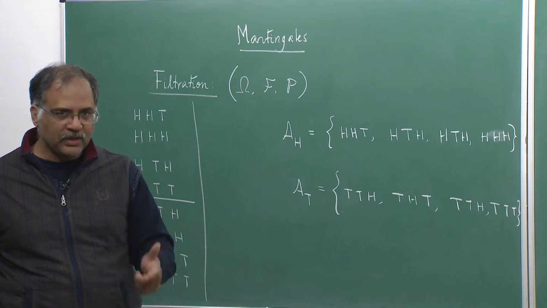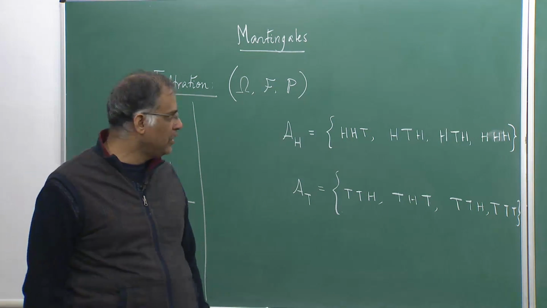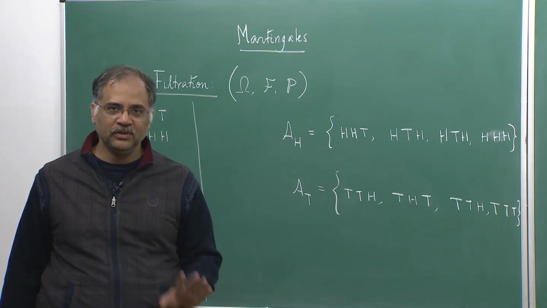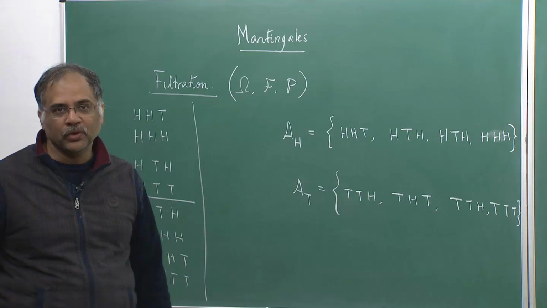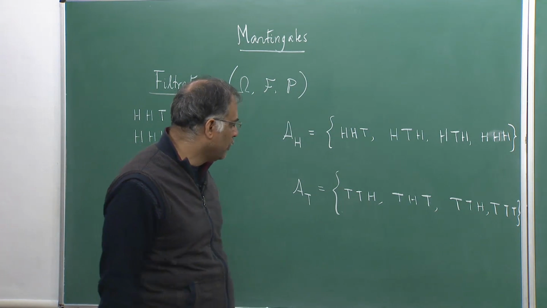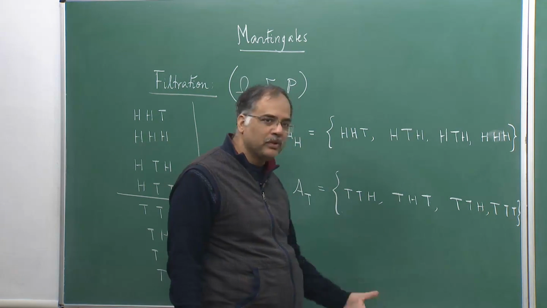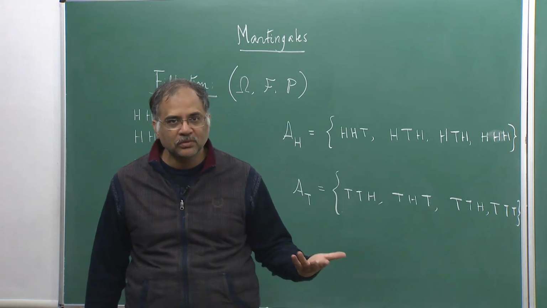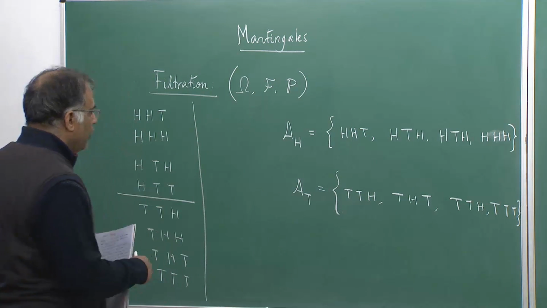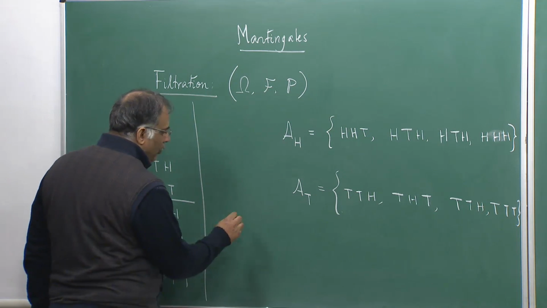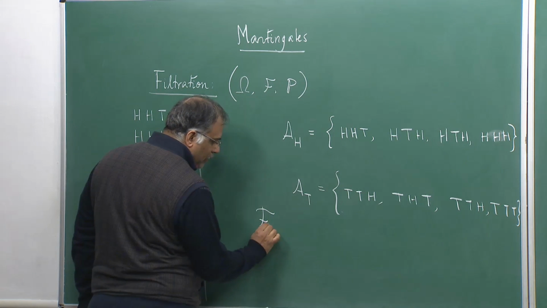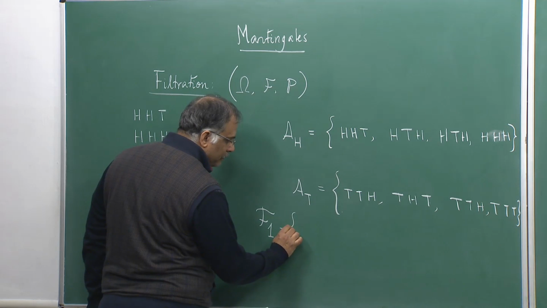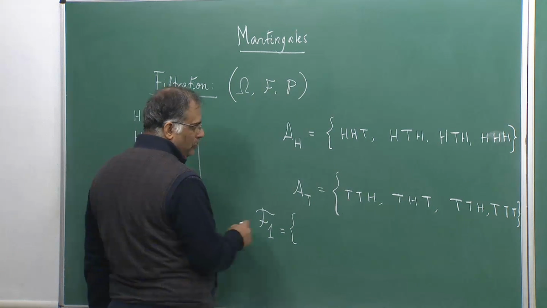If you say the first toss is actually head, I can tell you what the next consequences are, any of those 4. If you ask about THT, can it be there? No, it cannot be. So, the following sets of the sigma algebra F are now revealed, which I call F1.